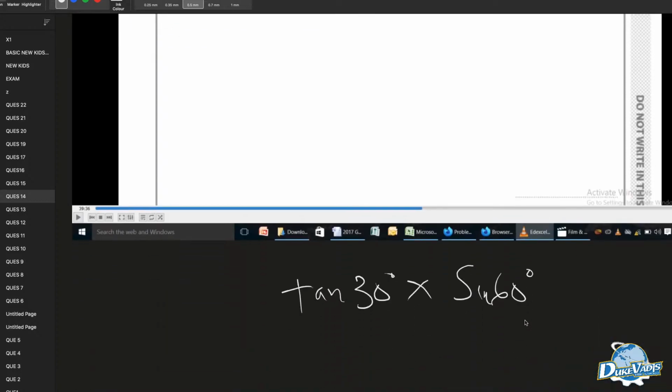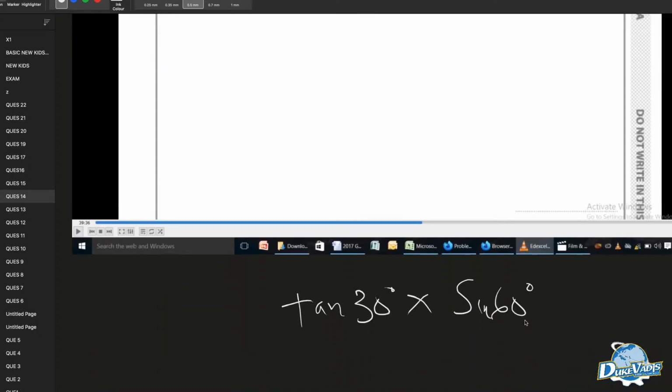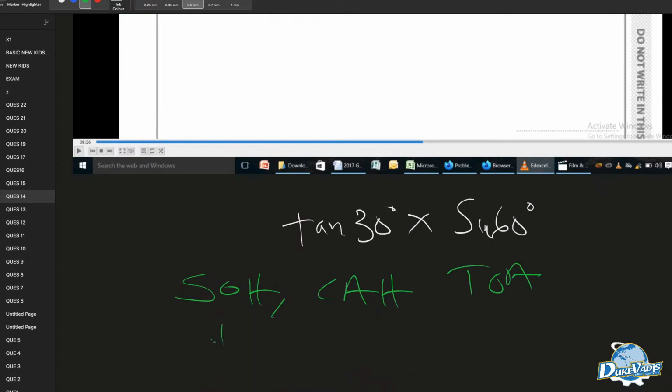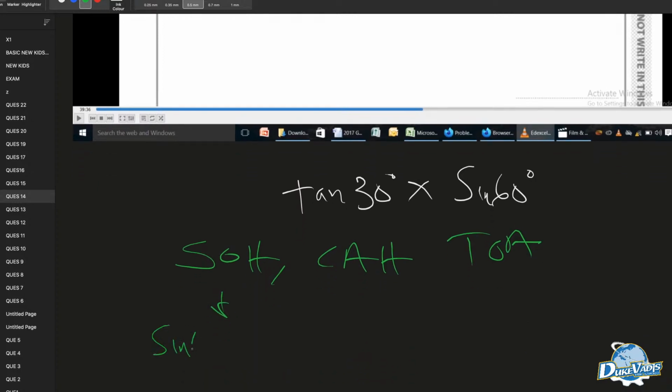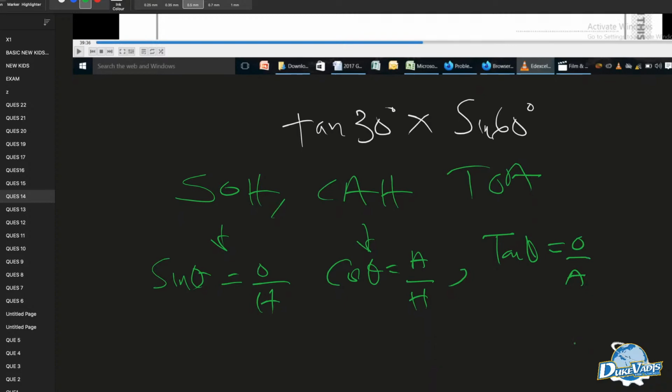That's why I said for questions like that, you should always remember something we learned over the years called SOH CAH TOA. Sine theta is equal to opposite over hypotenuse. Cos theta is equal to adjacent over hypotenuse. And tan theta is equal to opposite over adjacent.